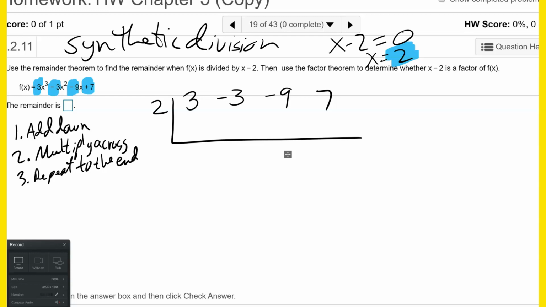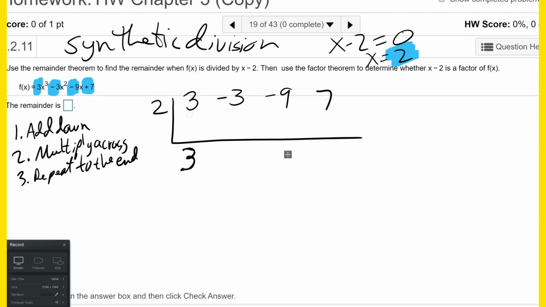What do I mean by that? Add down means I take the very first number inside the box, the 3, and add whatever's below it, and there's nothing below it. So 3 plus nothing is 3, and I write that result below the box at the bottom. That always happens on the first number.